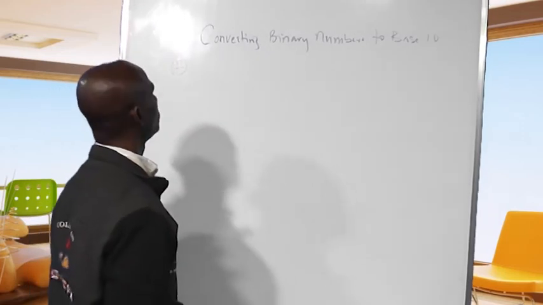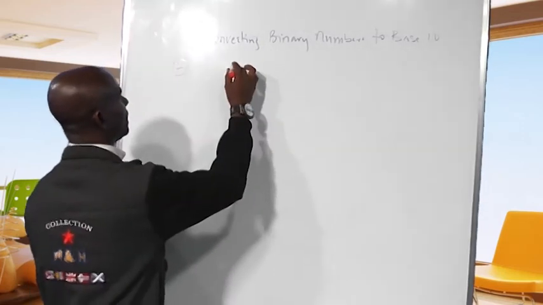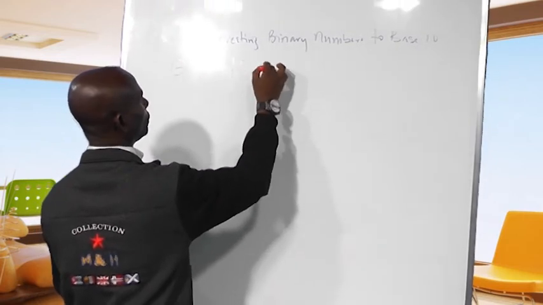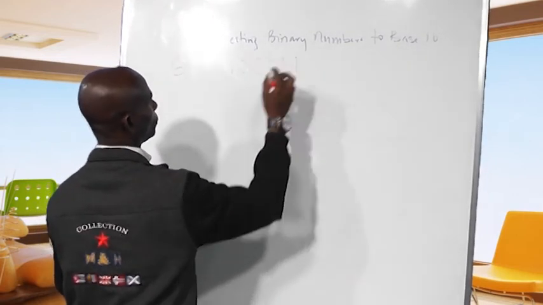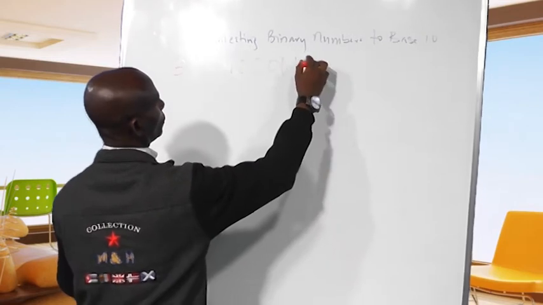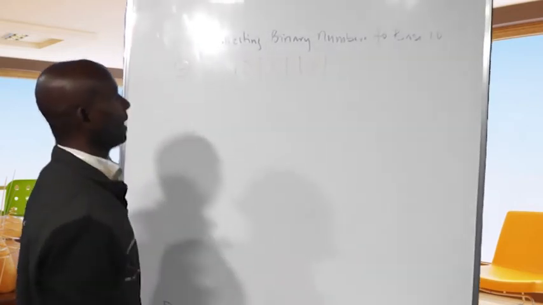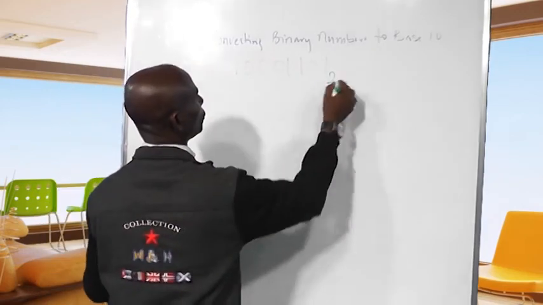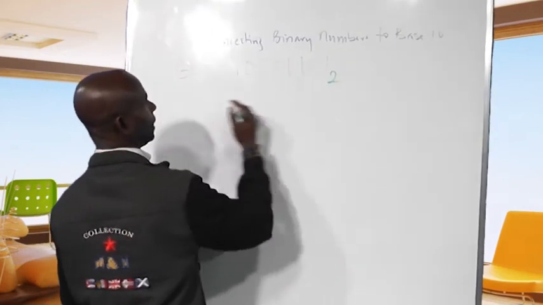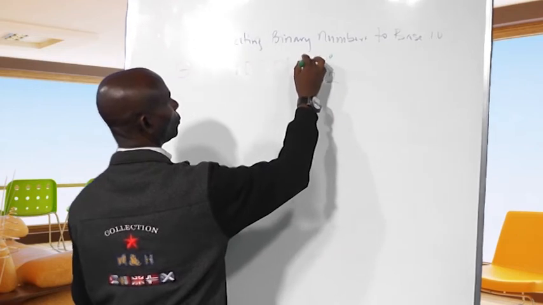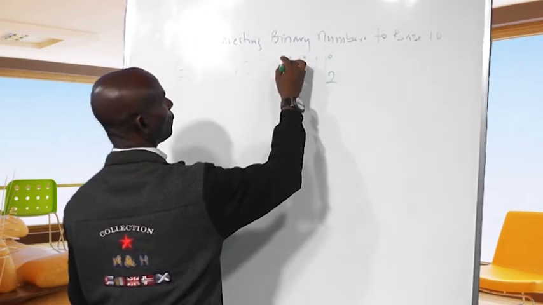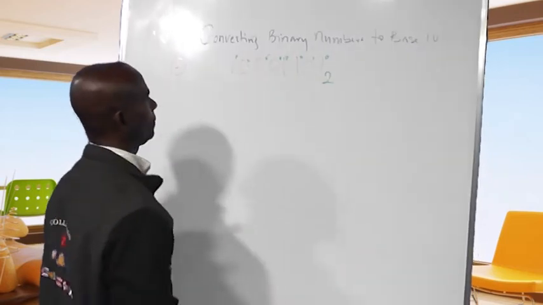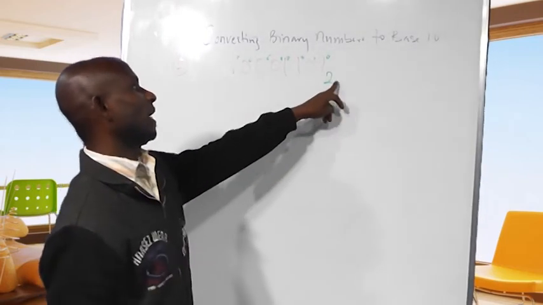Example 2. Let's convert 10001101. As I said earlier, you count from here and put your power. This is base 2. You count from here: 0, 1, 2, 3, 4, 5, 6, and 7. You expand it by multiplying by 2.